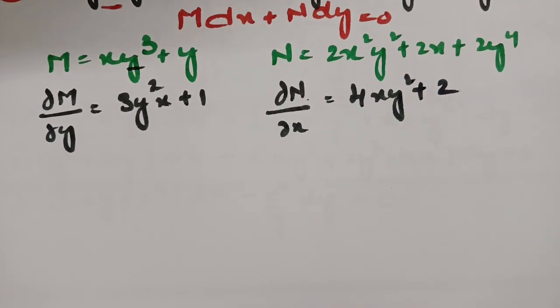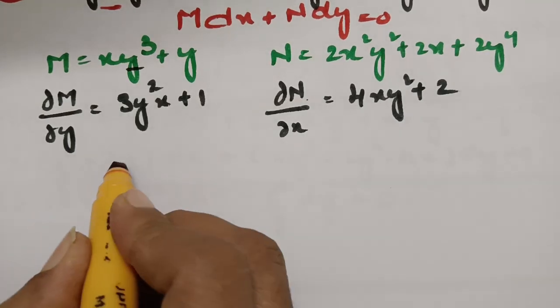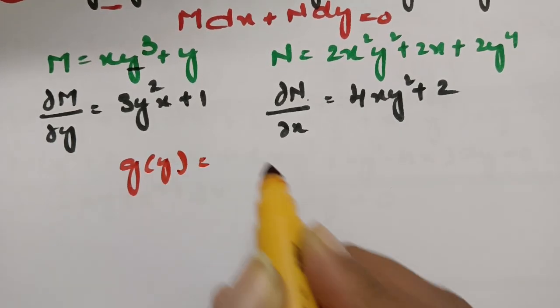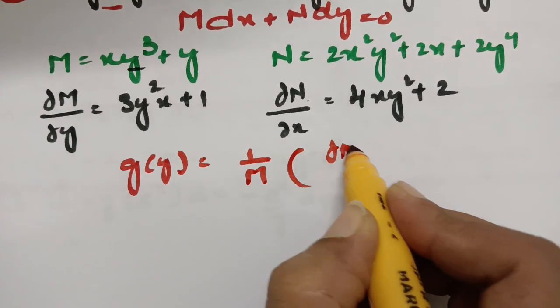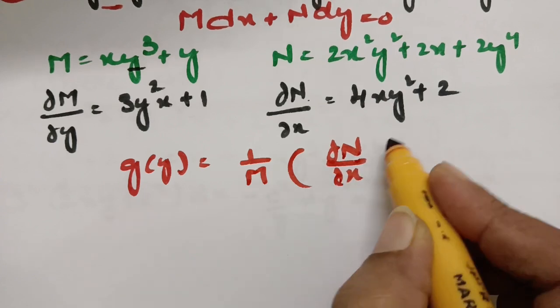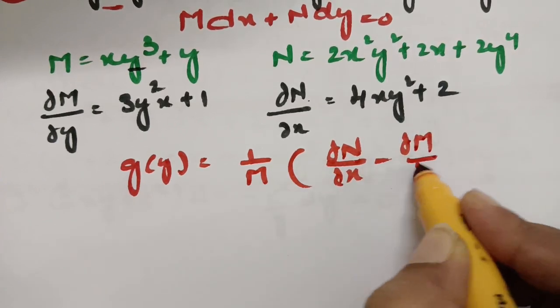Now we have a formula ready: g of y is equal to 1 by M times (dou N by dou x minus dou M by dou y).